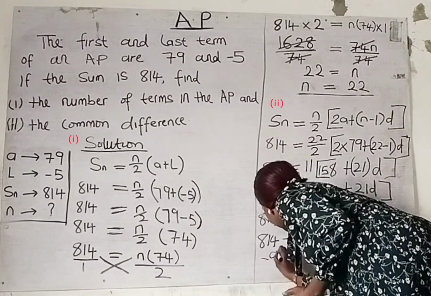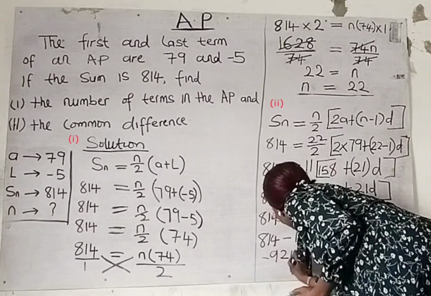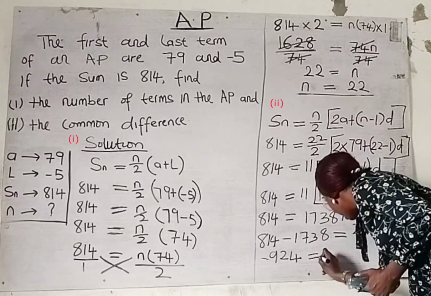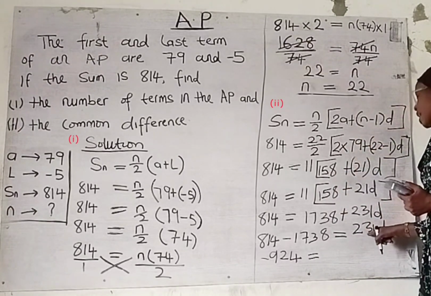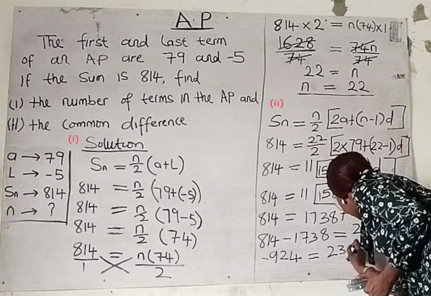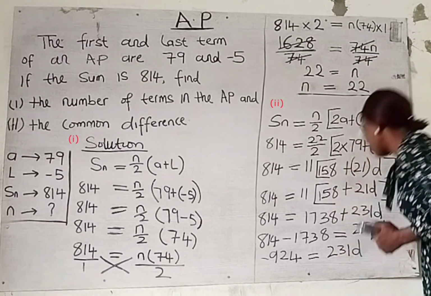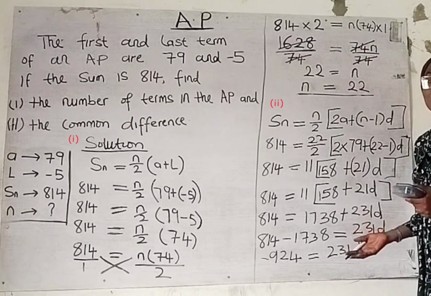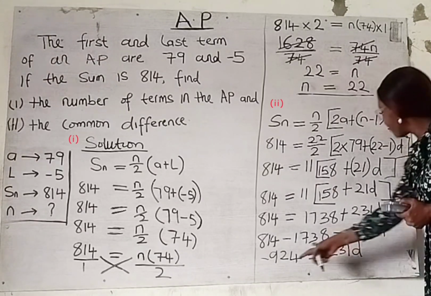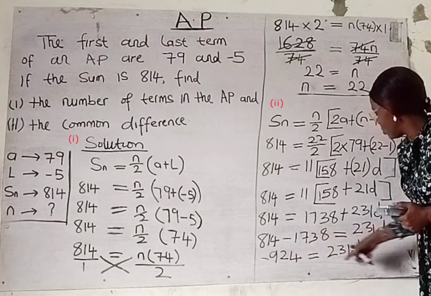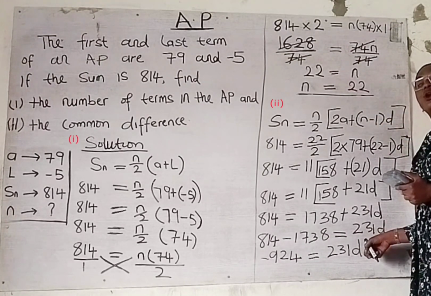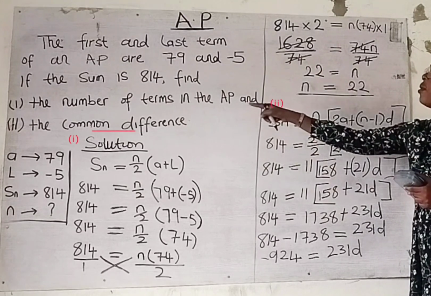Minus 924 equals 231D. At this junction, what do we do? Nothing left for us but to divide. Yes, we divide these two sides of this equation by the coefficient of D, because we are looking for the value of D, which is the common difference.